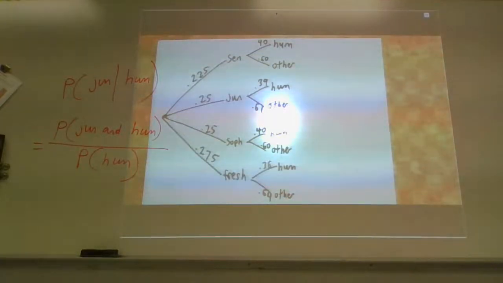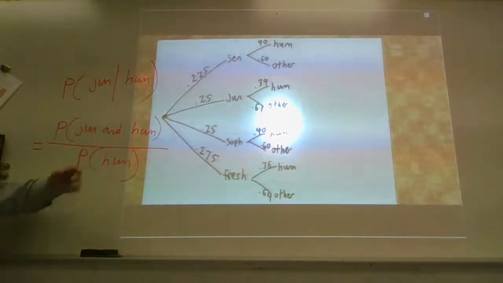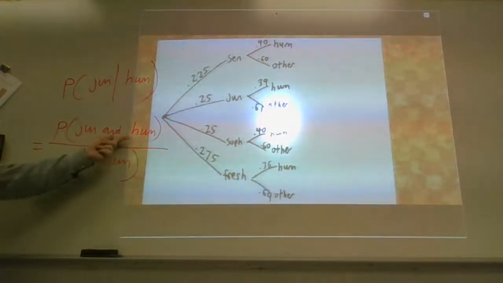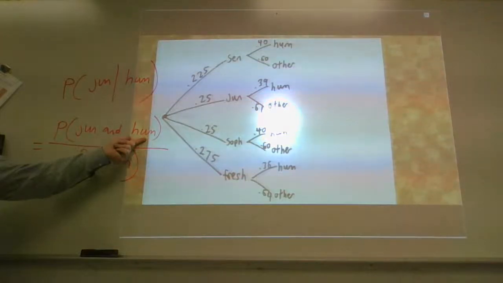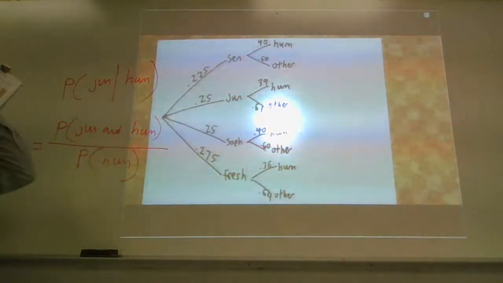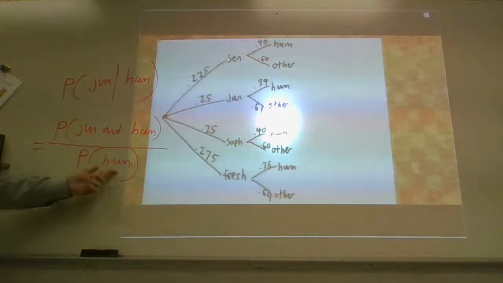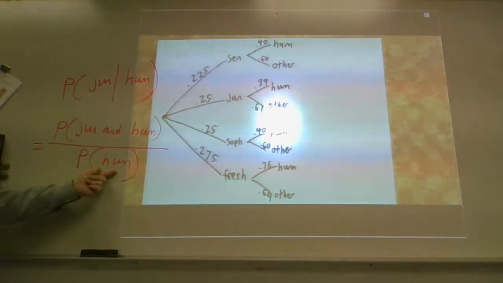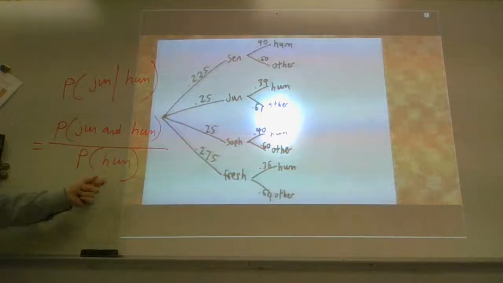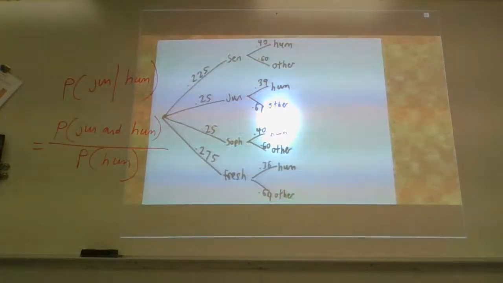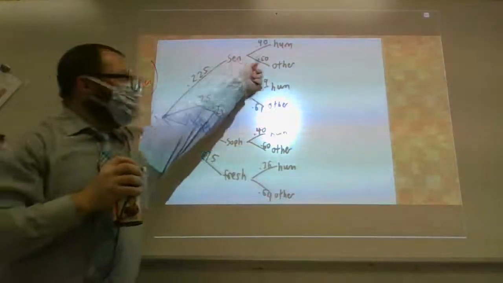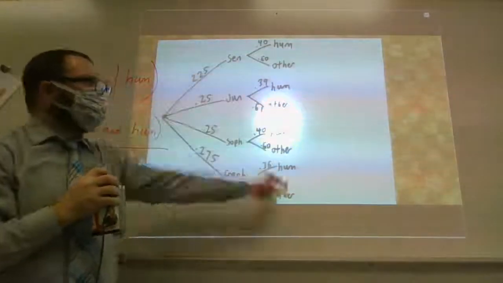In order to calculate the answer to this question, we need the following fraction. We need the probability of being a junior and a humanities major, which they did not give you in the problem. You also need the probability of just being a humanities major, which they did not give you in the problem. The only thing that they gave you in the problem was all of this information that I just organized into a tree.